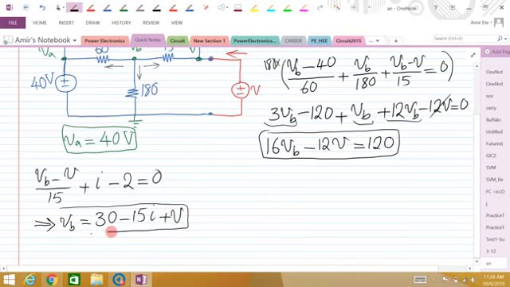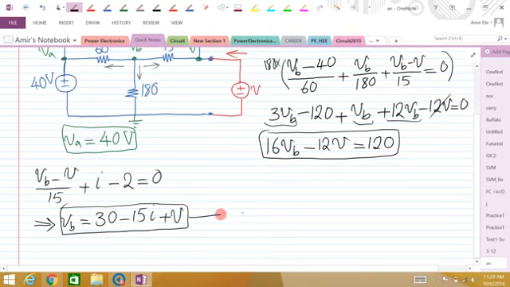So VB equals this. Once I plug this into this equation, I will only have terms with V and I in the equations, and the VB will be eliminated. So let's do that.